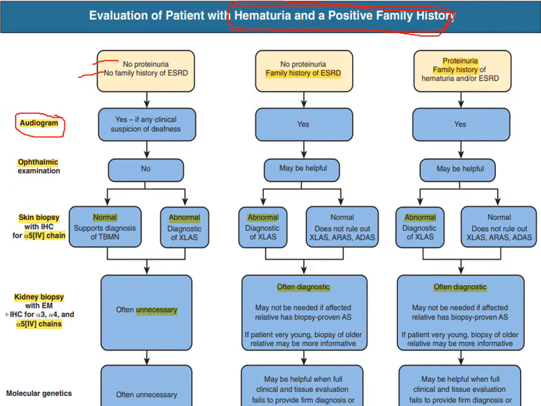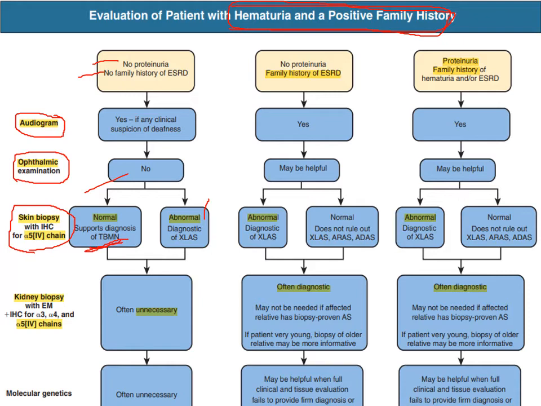If it is normal, you suspect thin basement membrane. If it is abnormal, you suspect Alport. The next step is ophthalmic examination. Usually we don't need that, because if the audiogram is negative, mostly it is thin basement membrane disease, and you confirm that with a skin biopsy with immunohistochemistry staining for alpha chain of type 4 collagen. It is normal, and then it is straightforward, mainly a diagnosis of thin basement membrane.